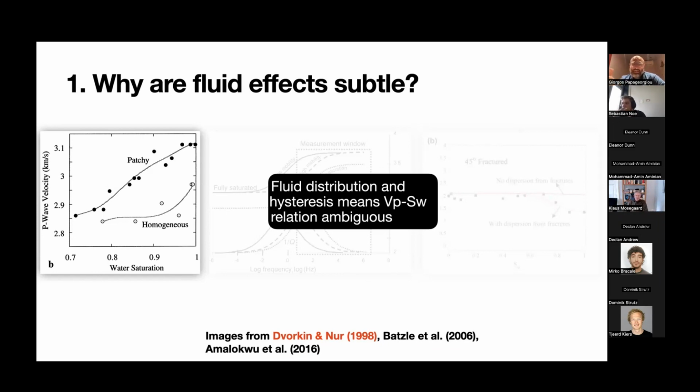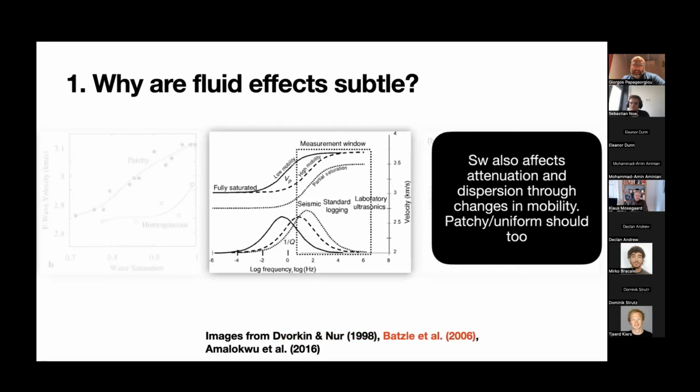So you can see that there is a hysteretic behavior, and that means that you can't really say from a velocity measurement what sort of saturation you have. And that is ambiguous for trying to invert for many things: how much CO2 you have, how much gas you have, whether it's worth drilling or not, and things like that.